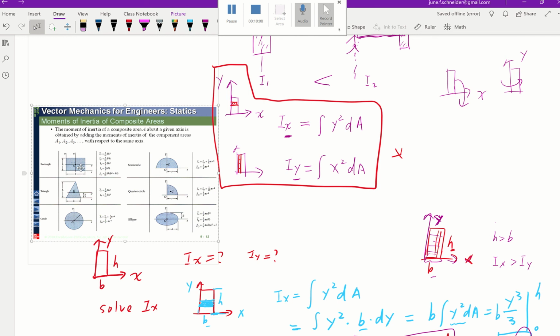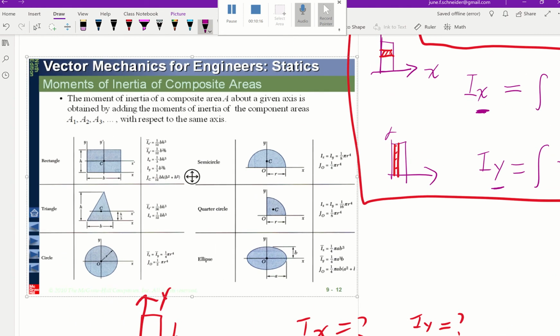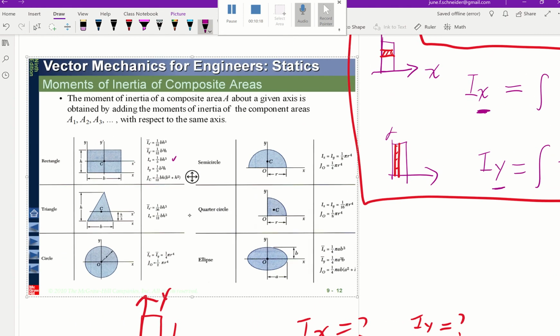Here they give us some other common shapes. For example, for this rectangle, they give us Ix, 1/3 bh cubed, which you just calculated. Iy, regarding this axis, the left edge, is 1/3 h b cubed, right? And then they also have some other ones. Pay attention. They have this x prime. This x prime is no longer the bottom edge.